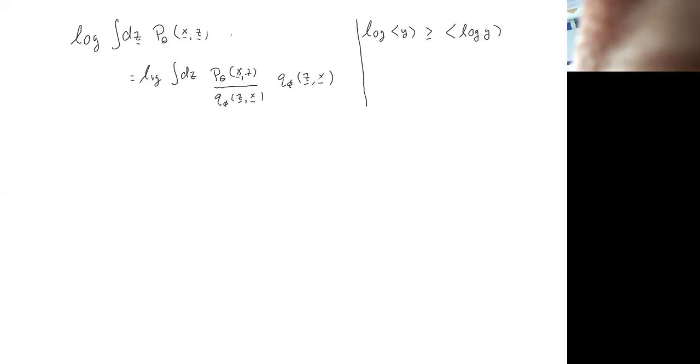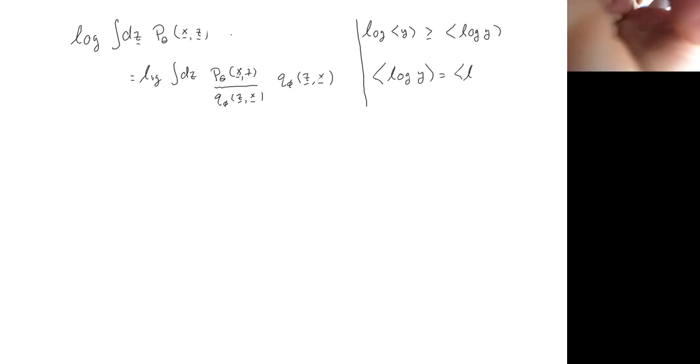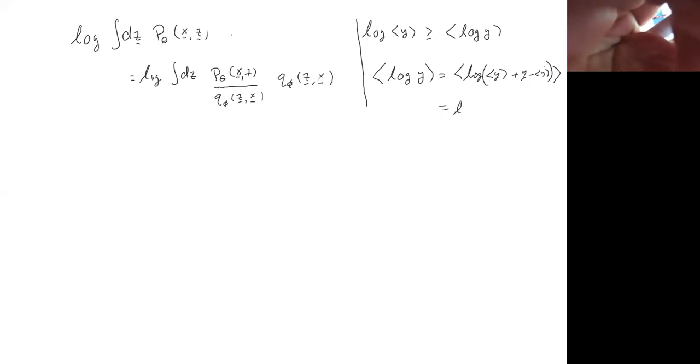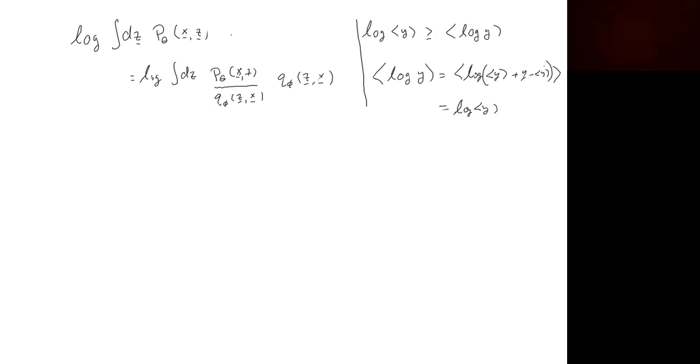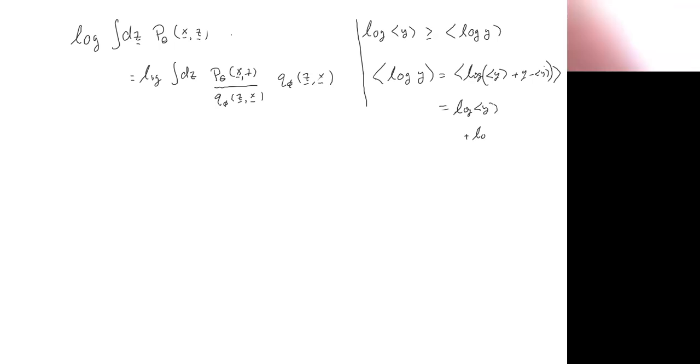We can just write the average value of log y equals the average value of log of (average value of y plus y minus average value of y), which equals log of the average value of y plus log of 1 plus (y minus average value of y) over the average value of y.